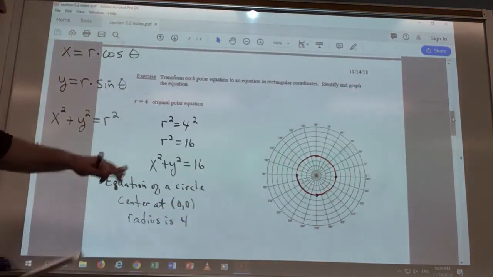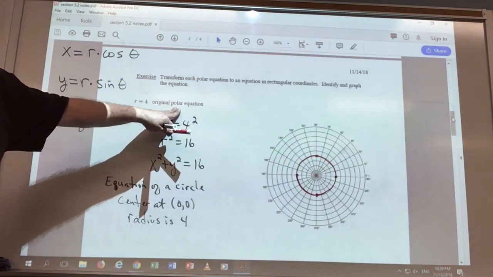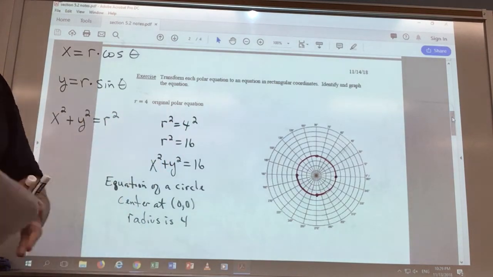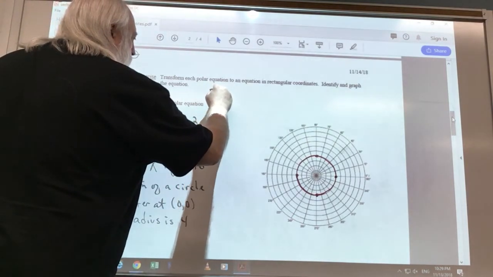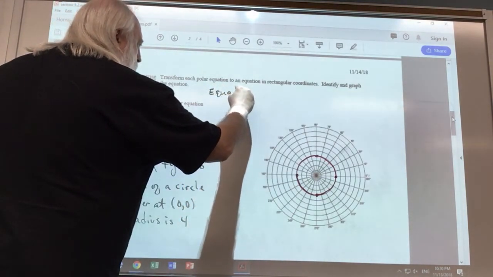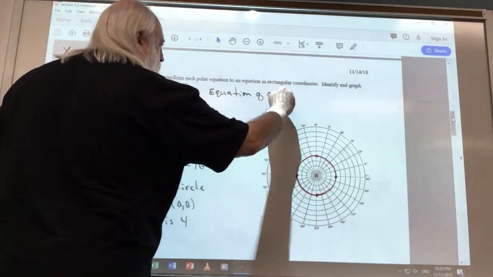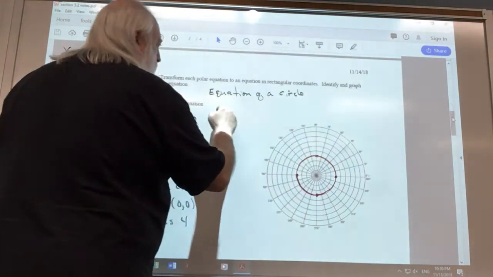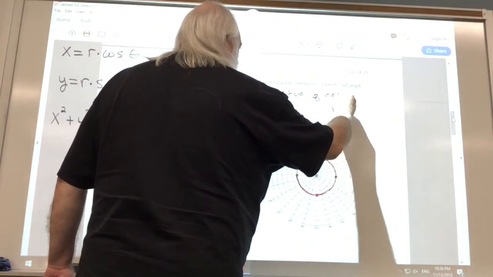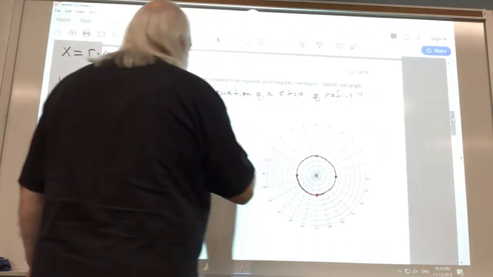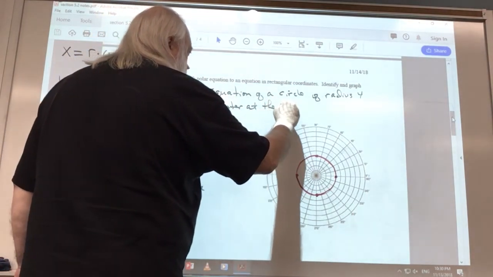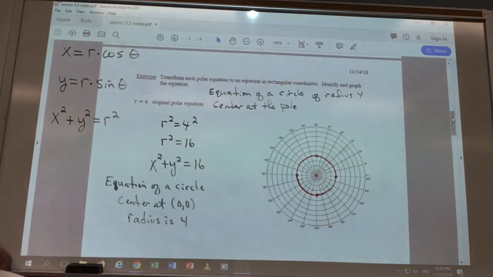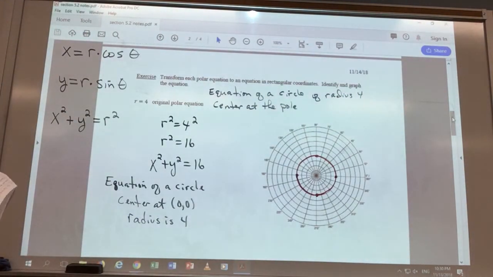And now I know that r equals 4 is the equation of a circle of radius 4, and the center is at the pole in the polar grid. Okay? So that's the basic idea.